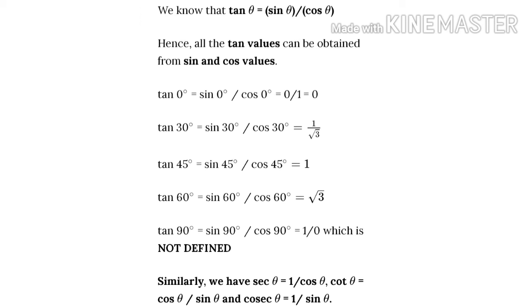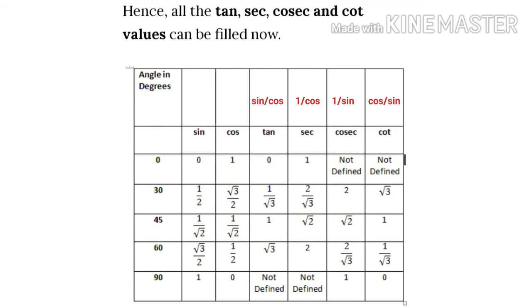So we can now fill the sec theta. As I said, sec theta equals 1 by cos theta. So write whatever is given in the cos theta, that is cos 0 degree, which is 1. So sec 0 degree becomes 1 by 1, equal to 1. Now sec 30 degree is equal to 1 by root 3 by 2, that is 2 by root 3.